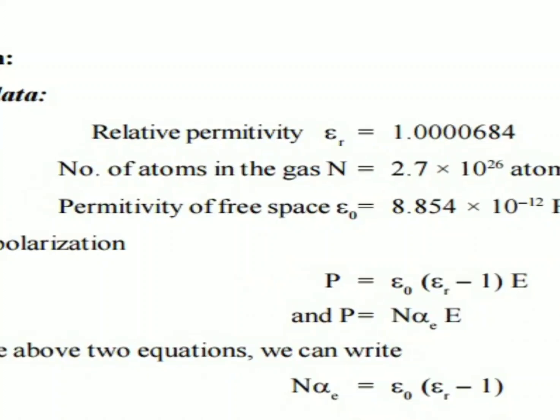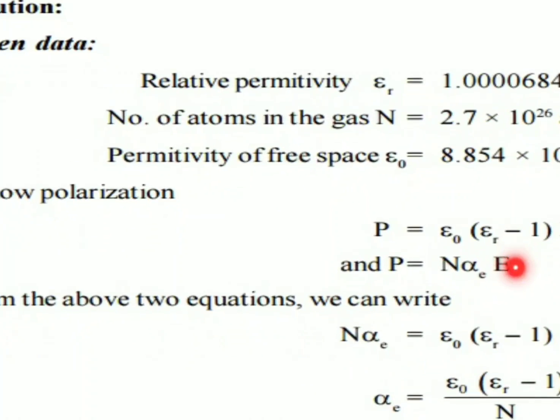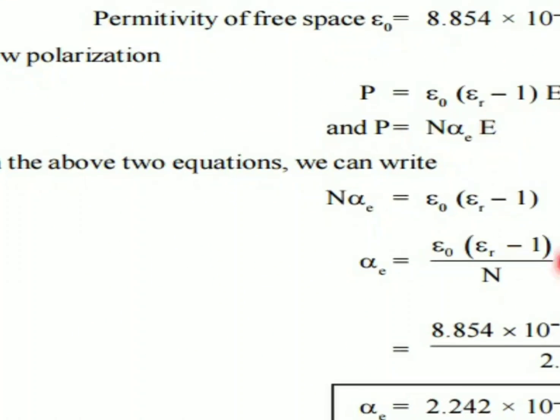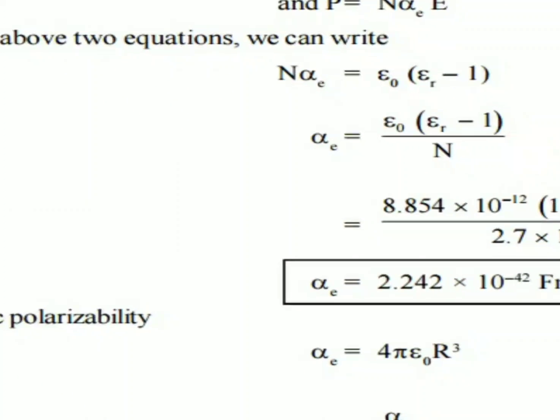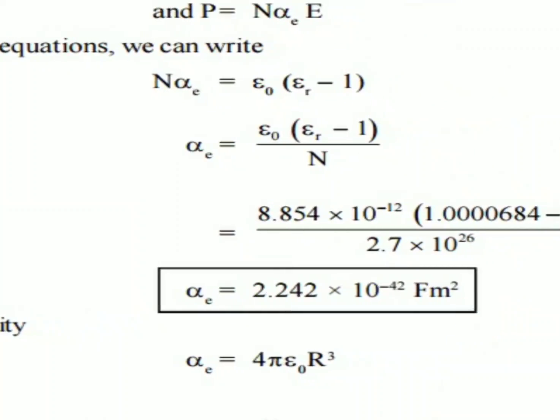So here we know that the polarization formula is P is equal to epsilon naught (epsilon r minus 1) E, and also the polarization formula in terms of electronic polarizability is P is equal to N alpha E capital E. Now by comparing these two equations, N alpha E is equal to epsilon naught (epsilon r minus 1). So alpha E, the electronic polarizability, is epsilon naught (epsilon r minus 1) by N.